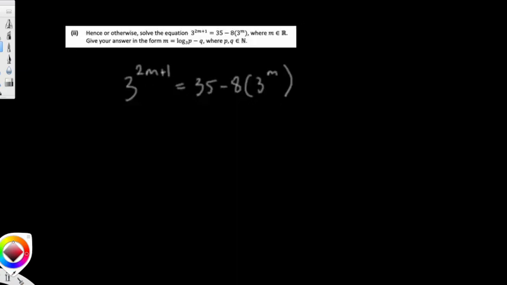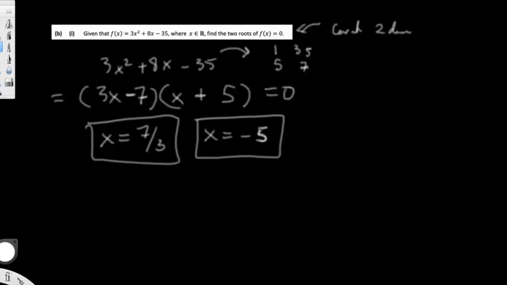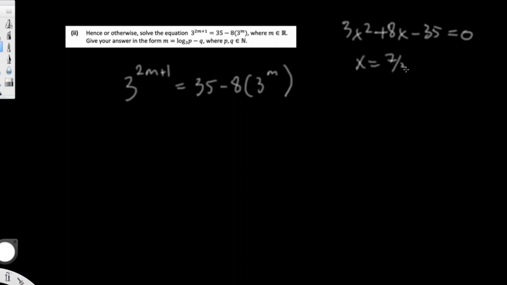So in the previous part, we had that 3x squared plus 8x minus 35 was equal to 0, and that led to the answers x is equal to 7 over 3 and x is equal to minus 5, okay? And somehow we're going to have to use that here, okay?